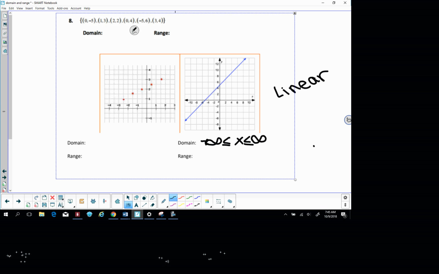It always looks like that. The range, see how it's going up forever and down forever? It's always the same thing. So any linear function, which we didn't learn anything really besides linear so far, but if they do ask you about linear functions, the domain and range is always this. Remember, we also can call that all real numbers. So if they do mention that on the test, it's always all real numbers, because it's going in both directions forever and ever and ever.